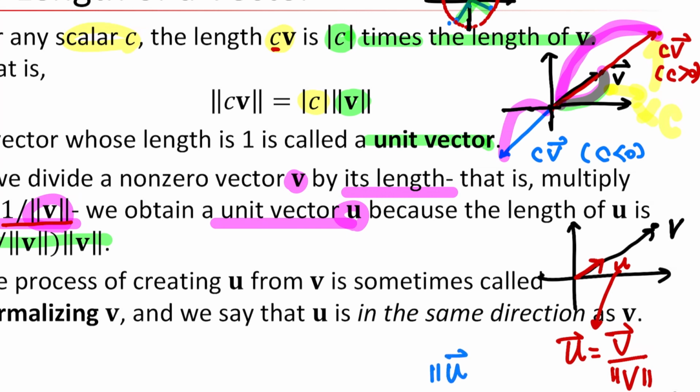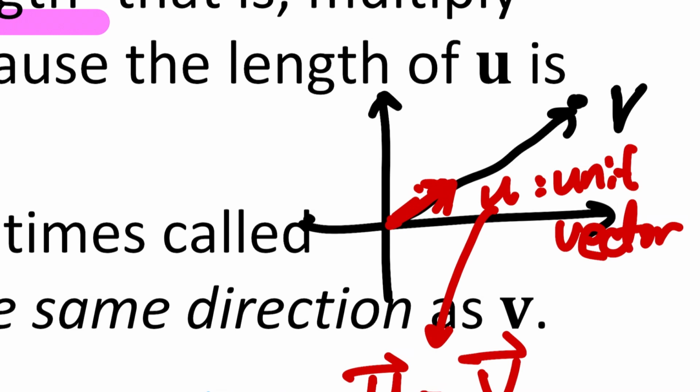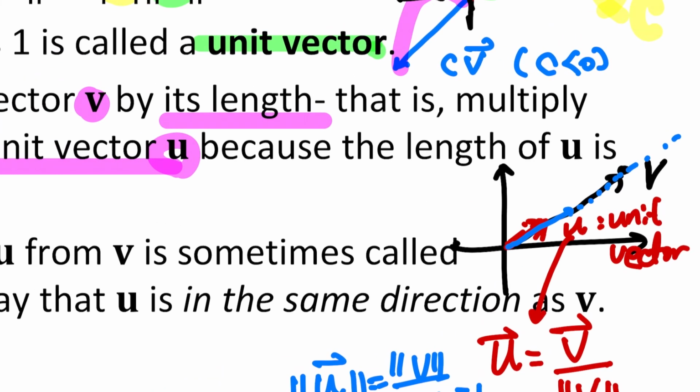So in this case, the length of u should be 1, right? It means that this vector u is the unit vector. So any vector on this line can be normalized as a unit vector.